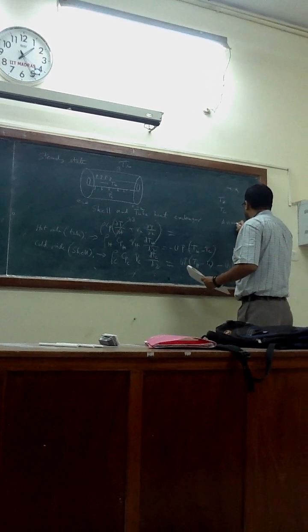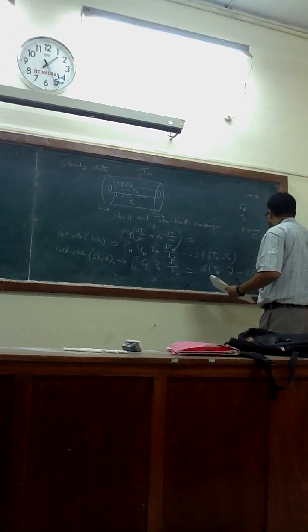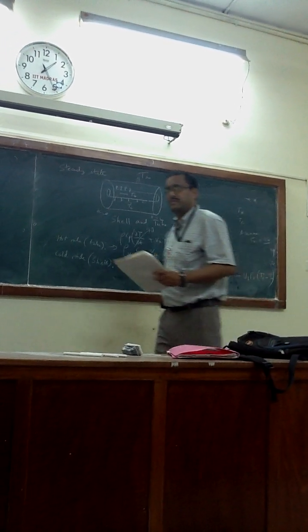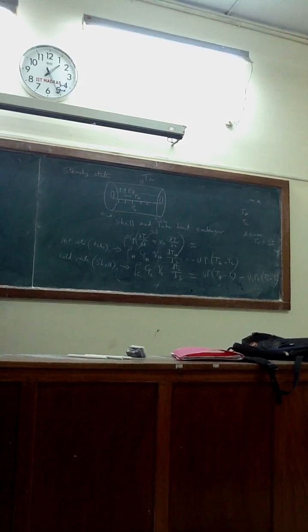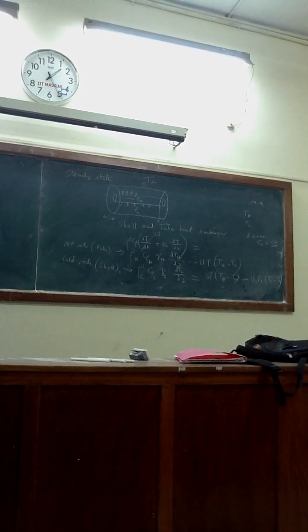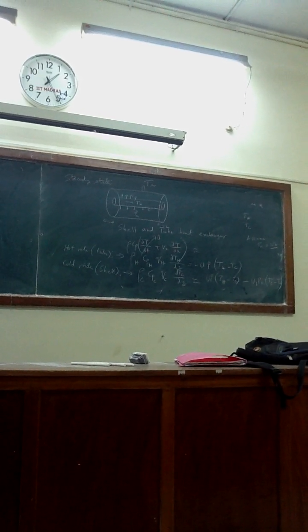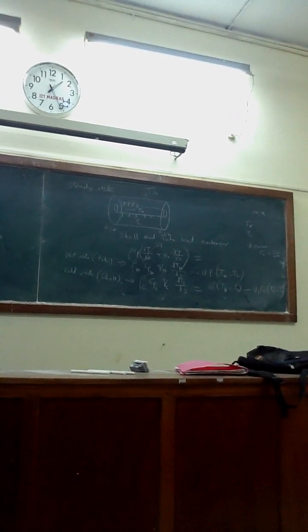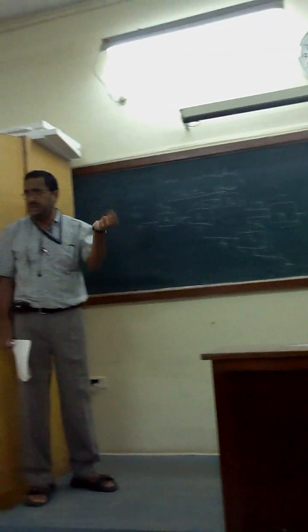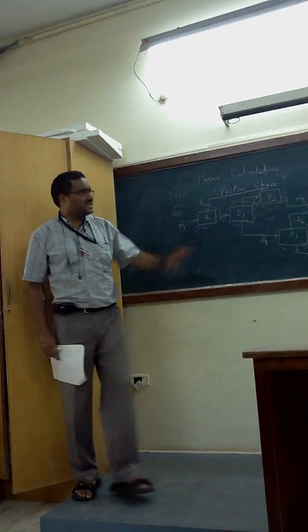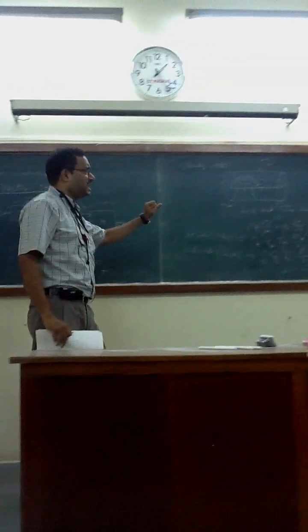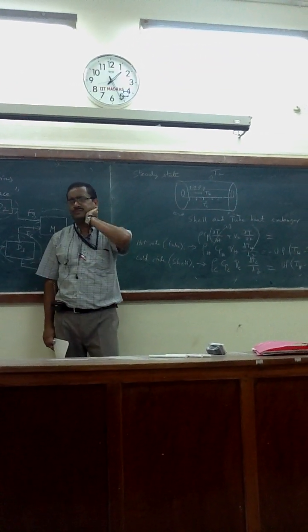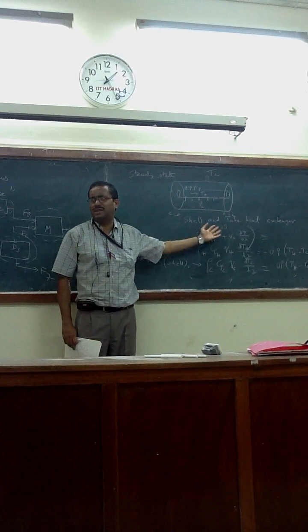Assume TA is the 25 degrees ambient temperature, so TA is known. How to solve this system? First we saw process calculation, now we are seeing heat transfer. For this simple problem, a shell and tube heat exchanger, how to solve the problem? You have seen this kind of problem earlier, right?